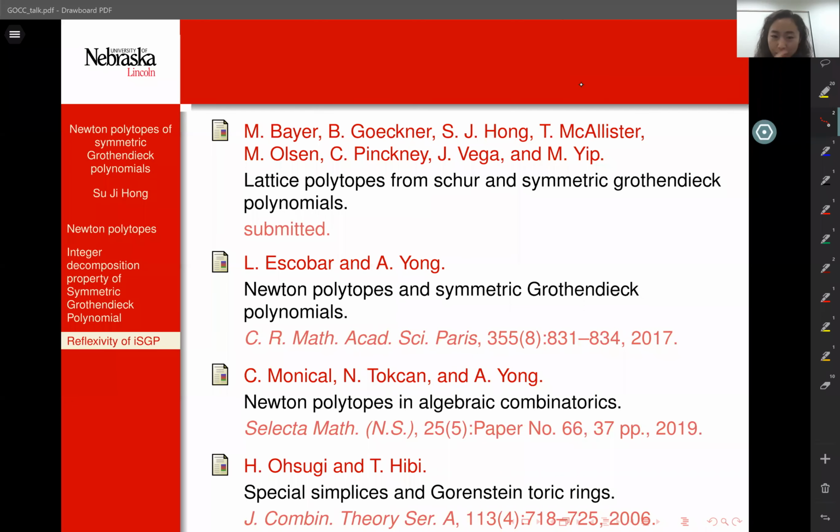Somebody was asking about LLT polynomials. I am actually not familiar with LLT polynomials. Stefan, do you want to unmute yourself and tell us what an LLT polynomial is? I'm still beginning to work with LLT polynomials. You can get them if you look at border strip tableaux instead of just classical semi-standard Young tableaux.